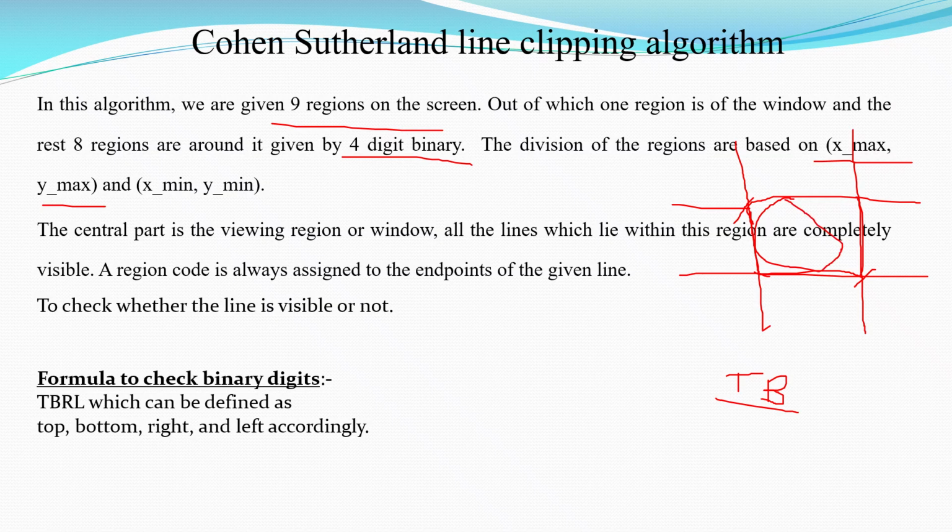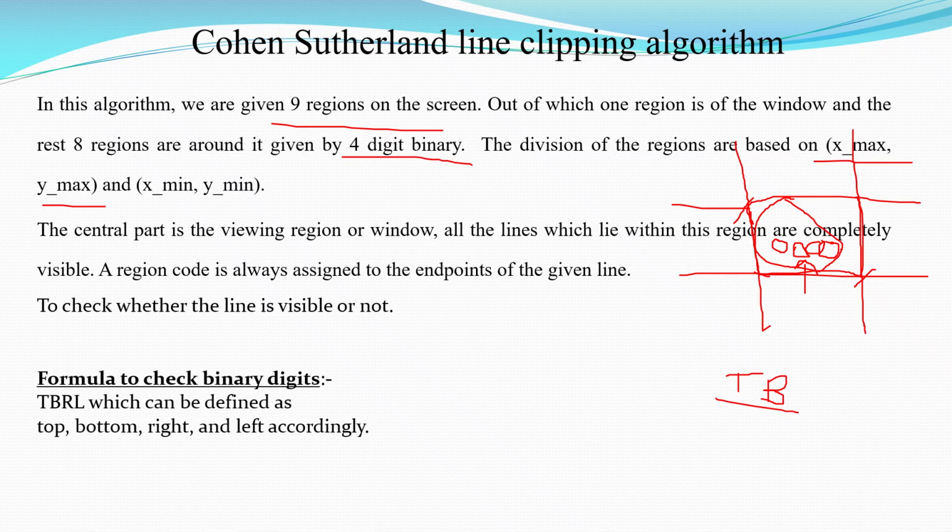See, this is not in the top, it's not in the bottom as well, and it is not on the right side or the left side. So that's why the window is always initialized with four zeros.